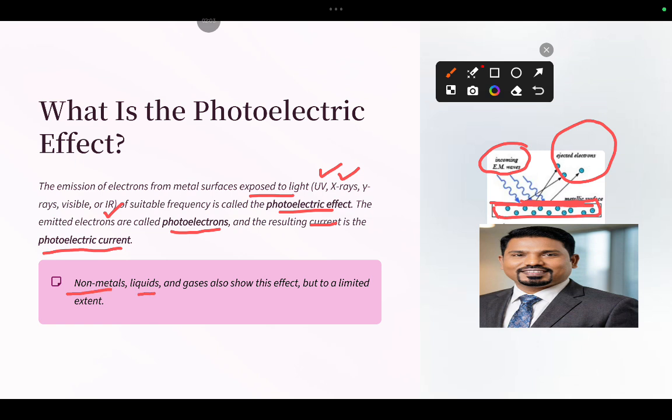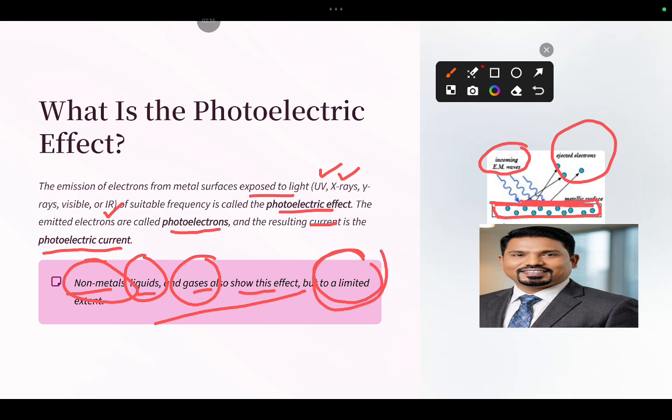Non-metals, liquids, and gases also show this effect, but it is limited to a certain extent. So we observe the photoelectric effect mainly on metal surfaces. In a narrow range, we can observe it on non-metals, liquids, as well as gases, but this is a limited character.